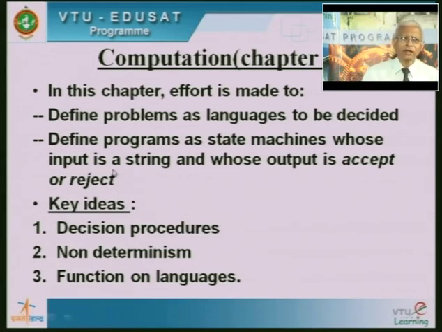Define programs as state machines. A state machine, whether it is a DFA, NFA or whatever, is like a program. When you design for accepting AA or BB, that state machine will act as a program for the particular language, whose input is a string and whose output is accept or reject.